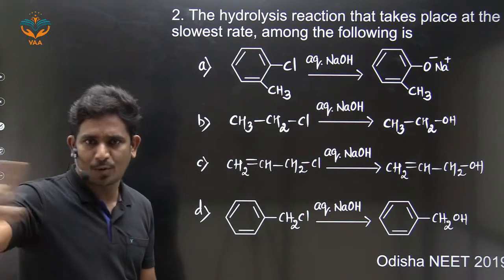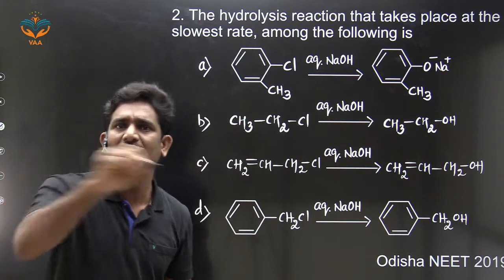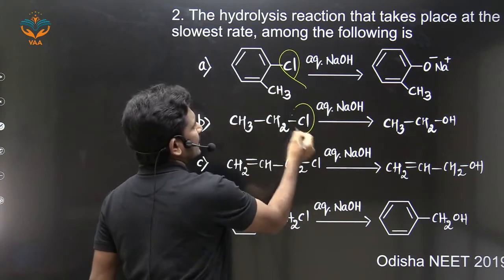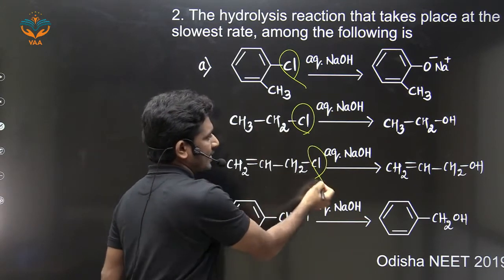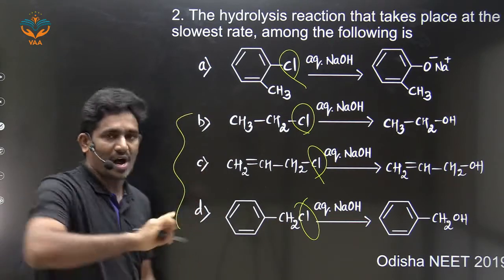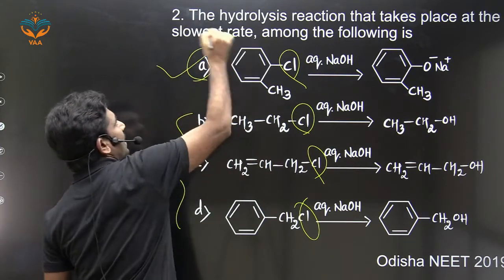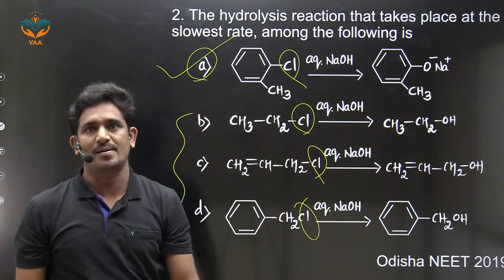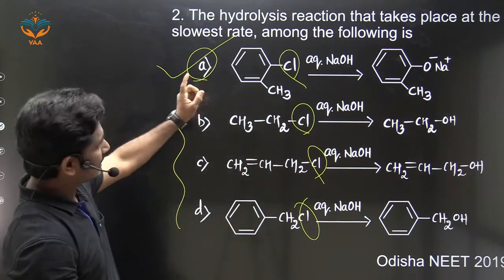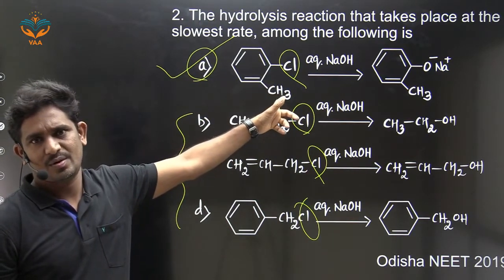Here the halogen is connected to an sp2 carbon, while in the others it is connected to an sp3 carbon. So these three are very fast compared with the first one. Asking for the slowest rate, the answer is A. Very simple, a gunshot question.